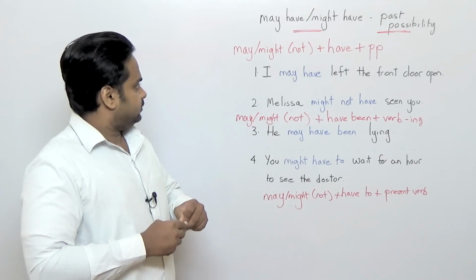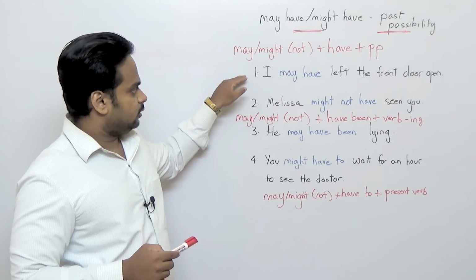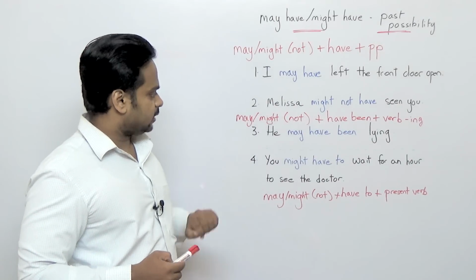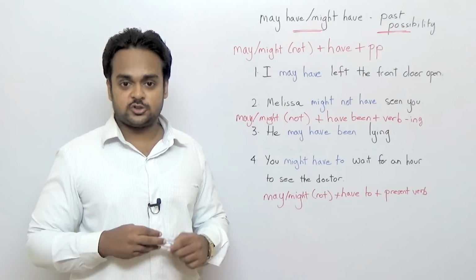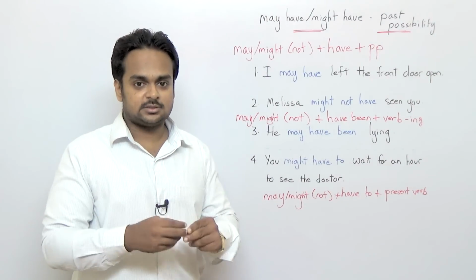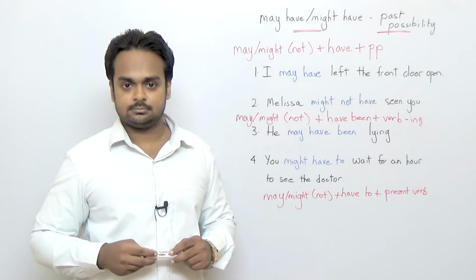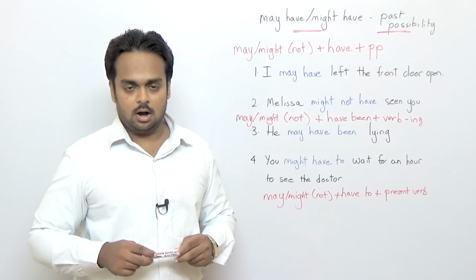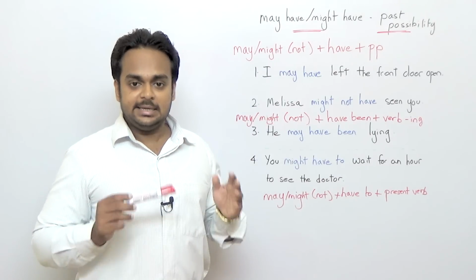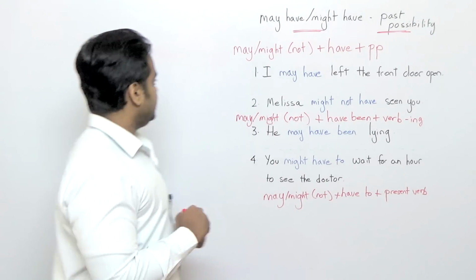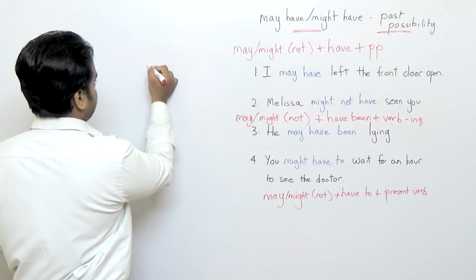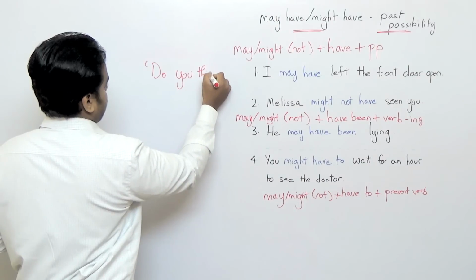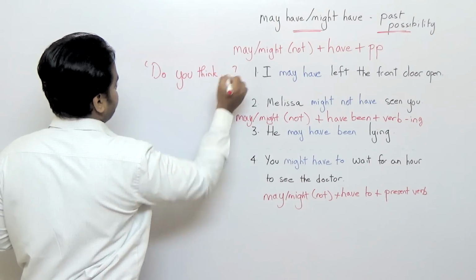Okay, so we've looked at positive sentences with may or might have. We've looked at negative sentences as well, but how do you form questions to make guesses about the past? Well, it's very simple. If you watched my lesson on may and might, you know that the easiest way to make questions with may and might is to simply add do you think?